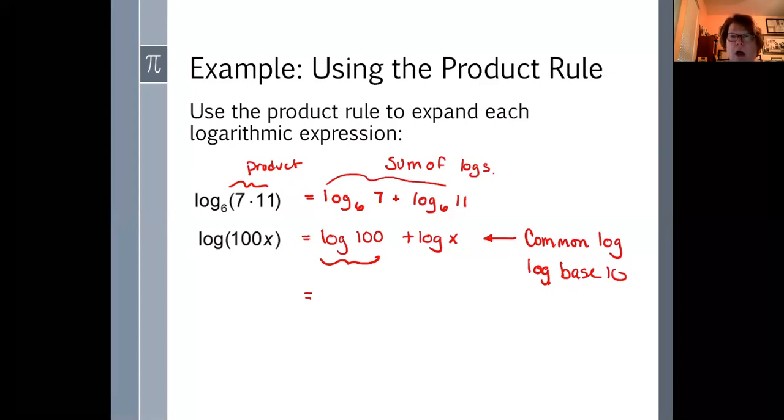So the log of 100 would be the exponent that you would raise the base 10 to get 100. So log 100 would be 2, because to get 100, you would raise the base 10 to the second power. So we can write this as 2 plus the log of x.